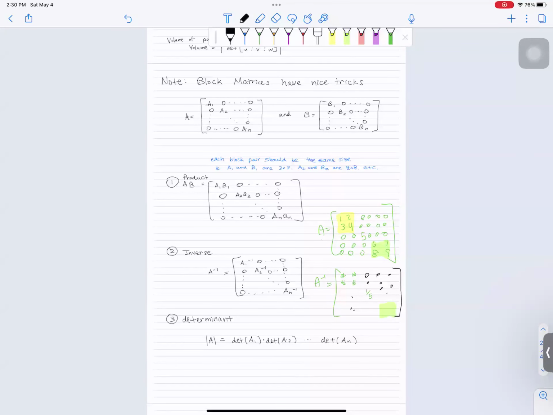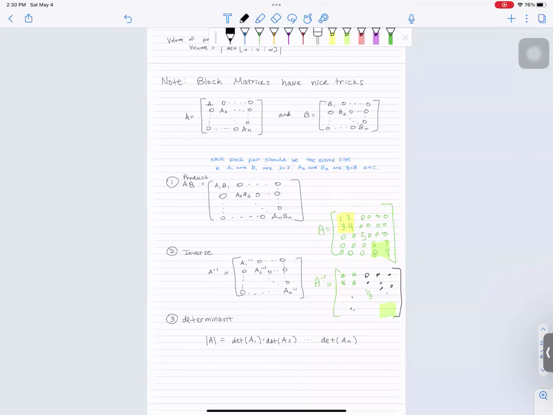I swap the main diagonal, so this is 4, 1, and I negate the off diagonal. So I get -2, 3 over 2, 1, and 1/2 negative. And so I would write those 4 values at the top left corner. So I could just take the inverse of this itself and write it here.